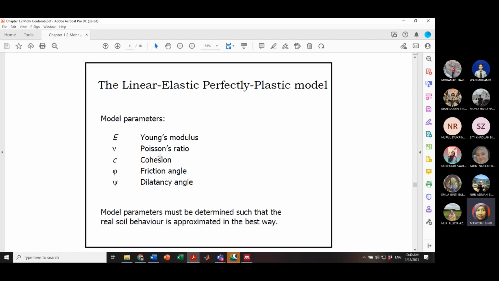So it's not easy to take the assumption as elastic, perfectly plastic. For example, when you want to understand the behavior of fine soil such as clay and silt, some input is needed to understand how it fails. So during that time, the MC is not applicable to be used in the numerical model.